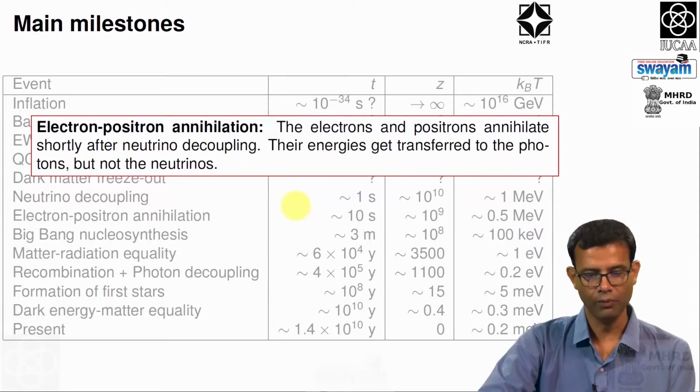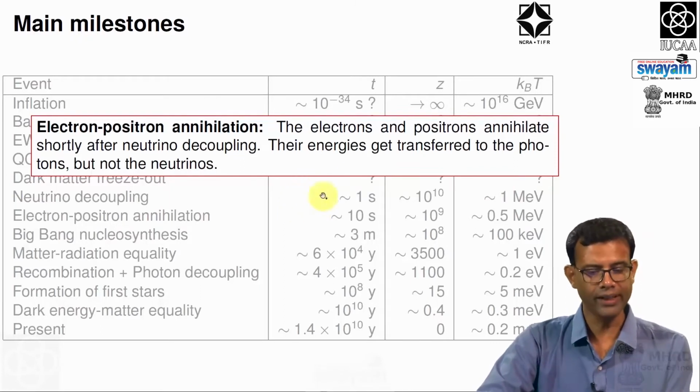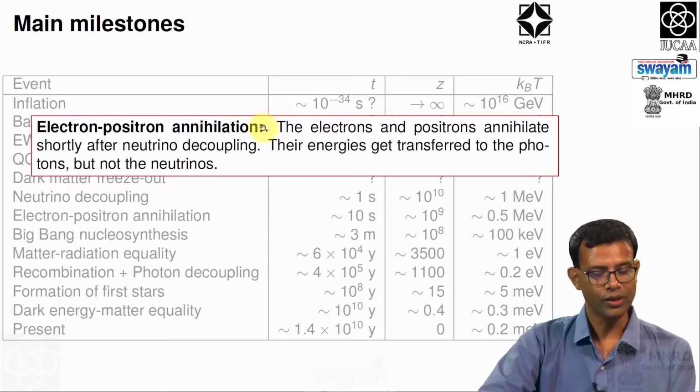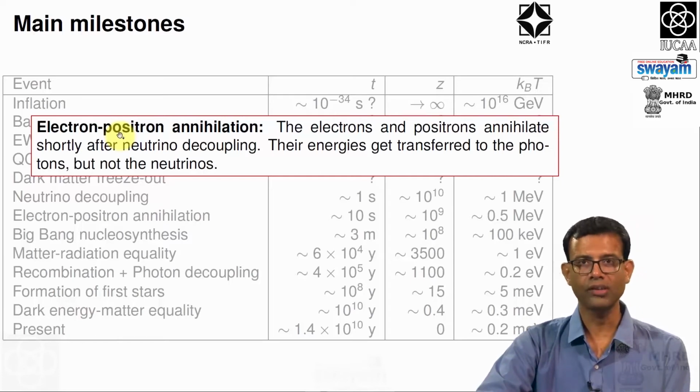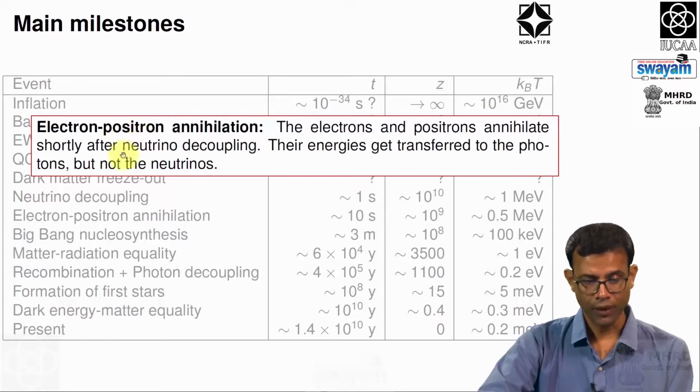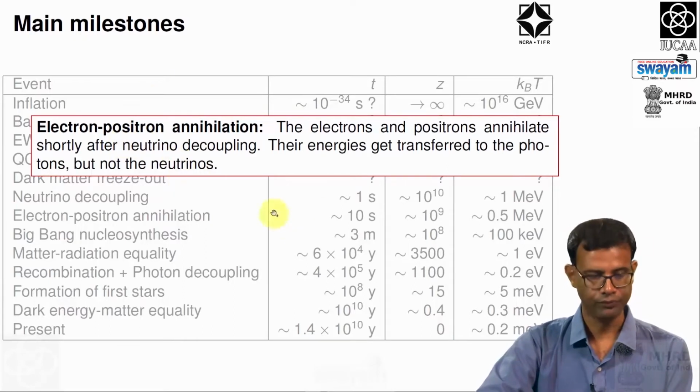We need matter to be more than antimatter, but whatever this is, the electrons and positrons would keep on annihilating, and at some point the remaining positrons annihilate completely with electrons, and the energies get transferred to the photons. Basically they produce radiation, but not to the neutrinos, because neutrinos would have decoupled. We will see its implications soon.